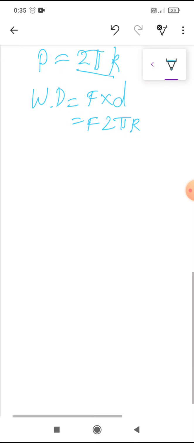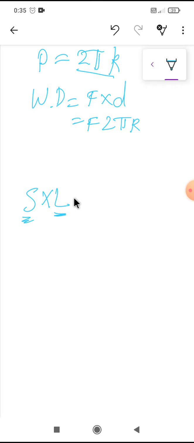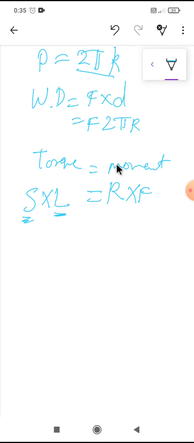So what will the formula be? Taking the external torque as the moment, it is equal to S into L. S is the scale reading, and L is the distance from the scale reader to the center of the axis, which equals the moment on the other side, that is radius r into coupling force. Here torque is equal to the moment we have taken.